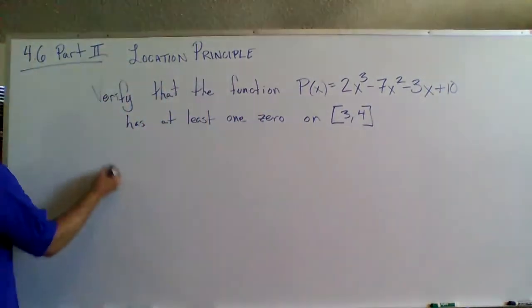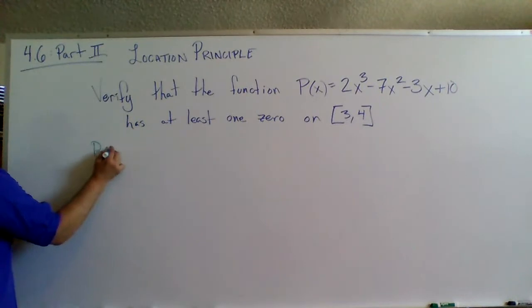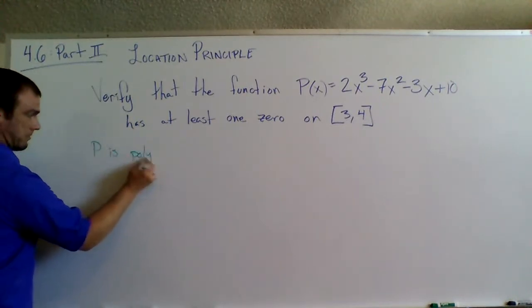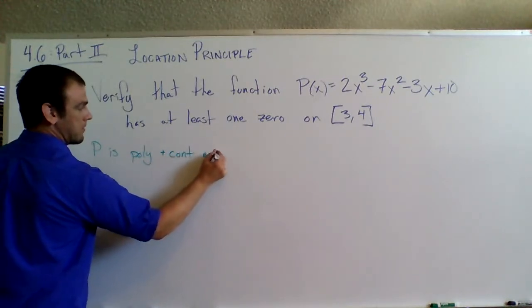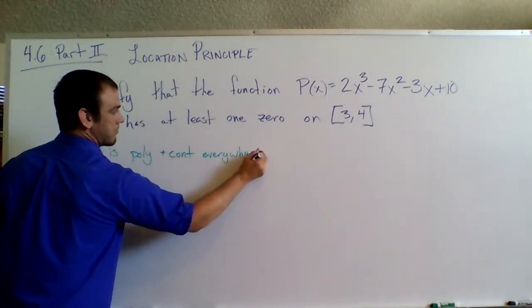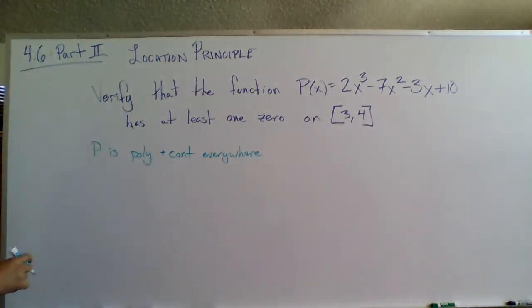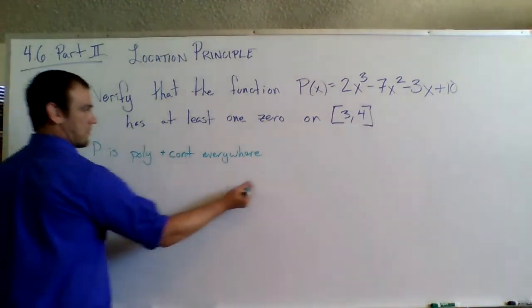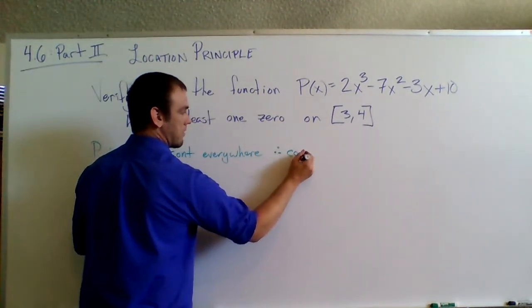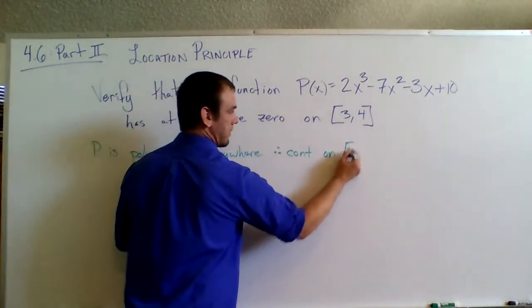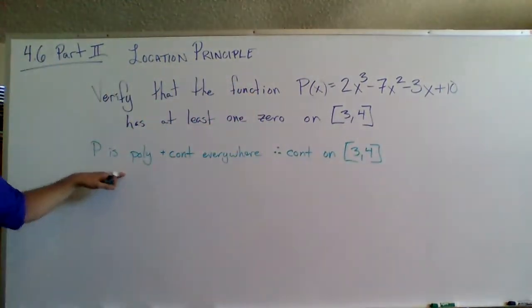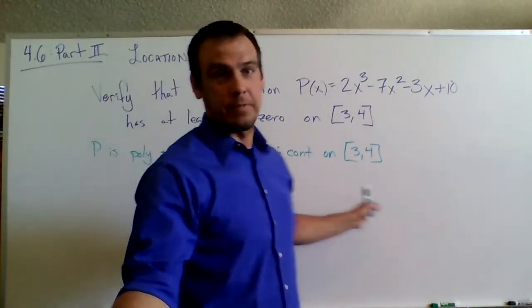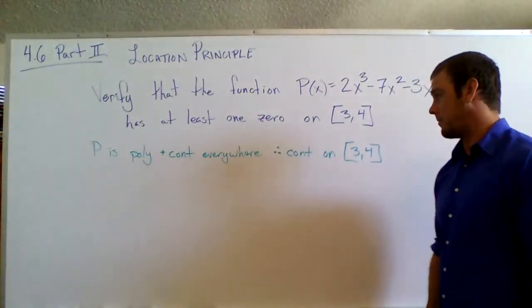It begins with: P is polynomial and continuous everywhere, and therefore continuous on our closed interval 3 to 4. If that's true, IVT holds true, and the location principle is going to hold true as well.